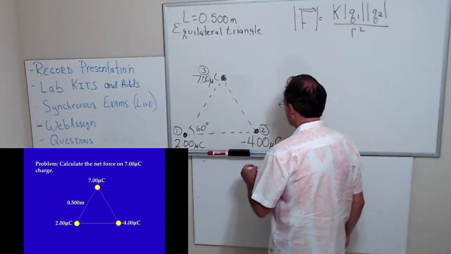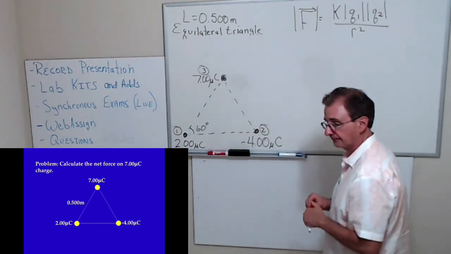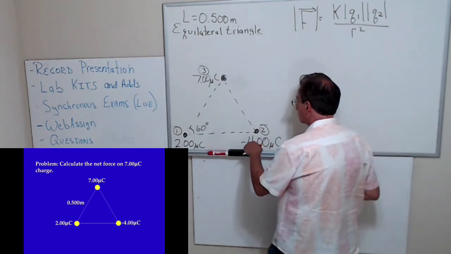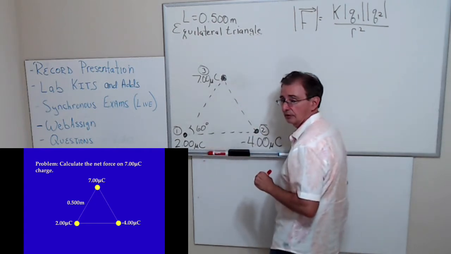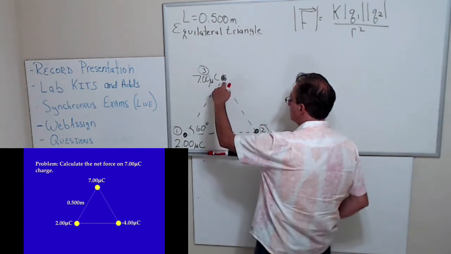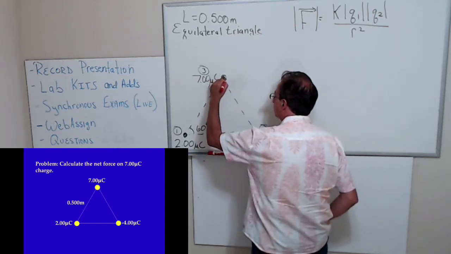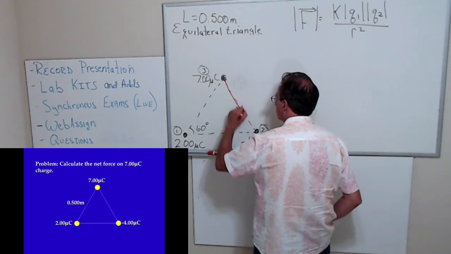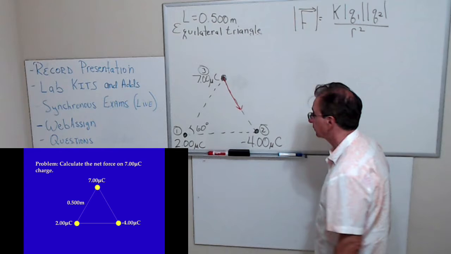So I want to look at charge 2 and charge 3. This charge is negative. This charge is positive. Which means that this object is going to be attracted to this object. So that means that there's got to be a force in this direction. This is a force on 3 due to 2.